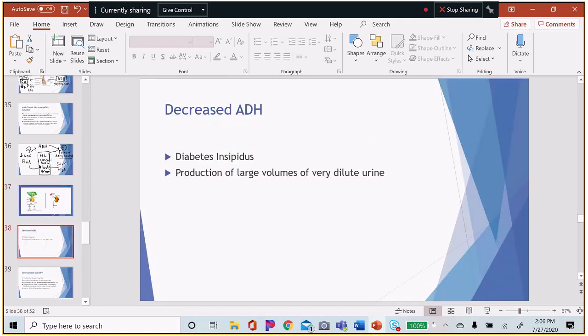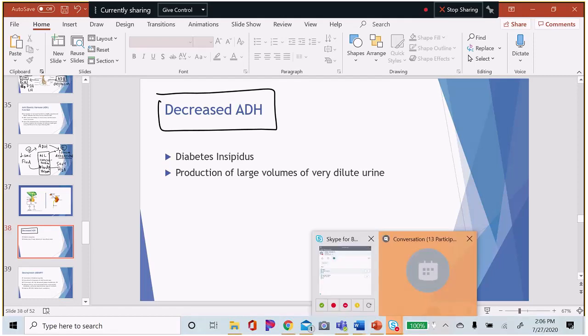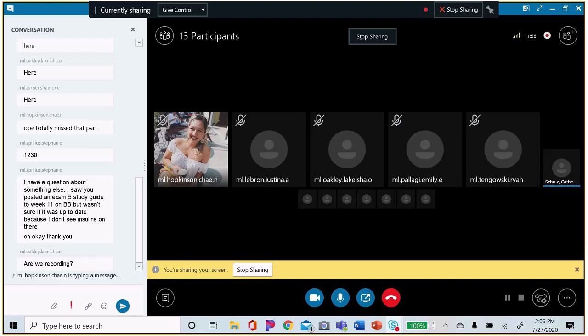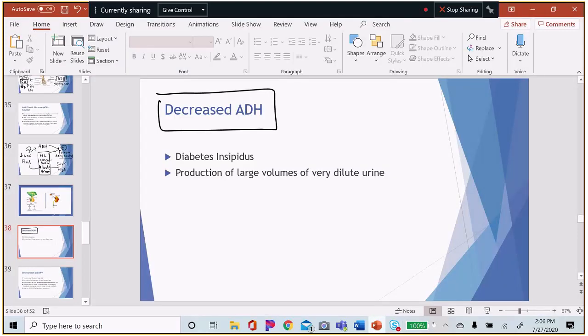And so there are people that just because of a brain injury or from some other genetic injury, or maybe they have hypopituitarism in general, so they don't create any of the pituitary hormones like they're supposed to. They have a lack of antidiuretic hormone, which means that they are never going to save the urine like they're supposed to.